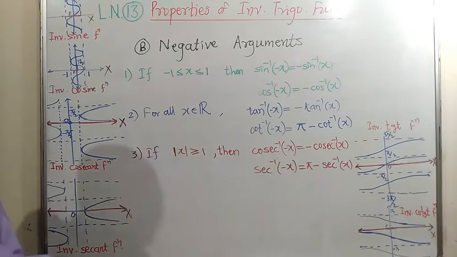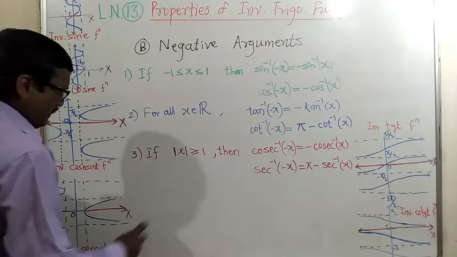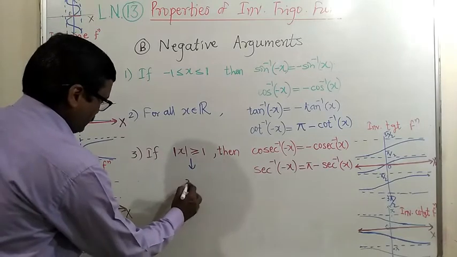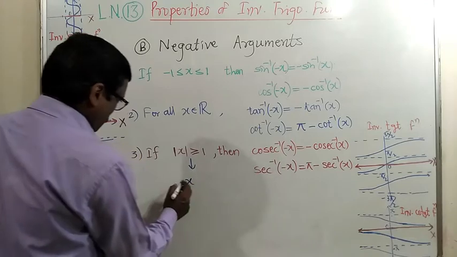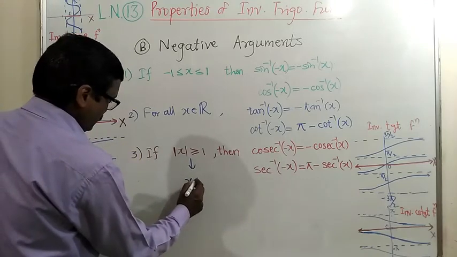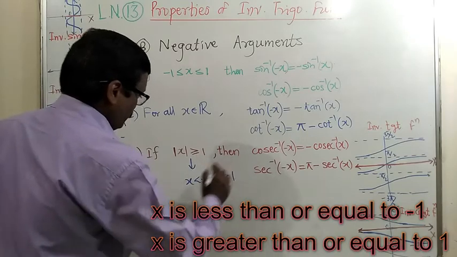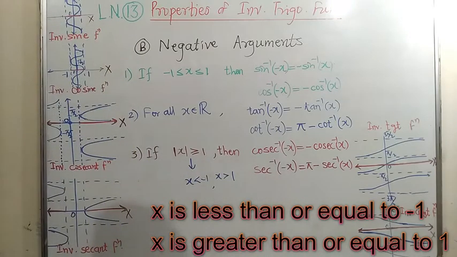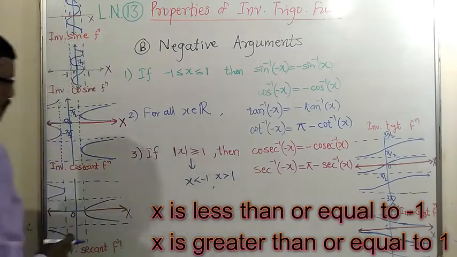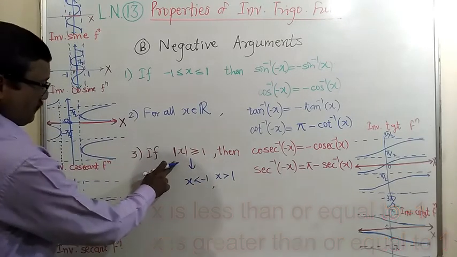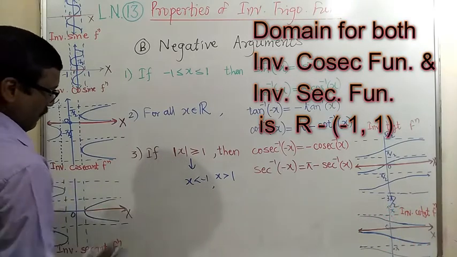Here, if modulus of x is greater than or equal to 1, it means x is less than minus 1 or x is greater than plus 1, because mod of x is greater than or equal to 1. When x is positive, mod of x is x, and when x is negative, mod of x is minus x.